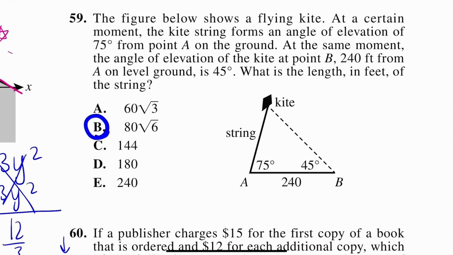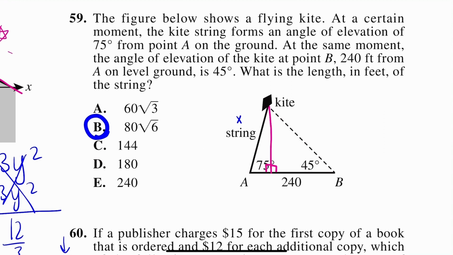So I know I need to find the string, so I'm going to label the string as X. There's really not much I can do here without getting a right triangle. So I'm going to draw a line, a 90-degree angle here, so I have 2 right triangles. I have one here, and I have one here.